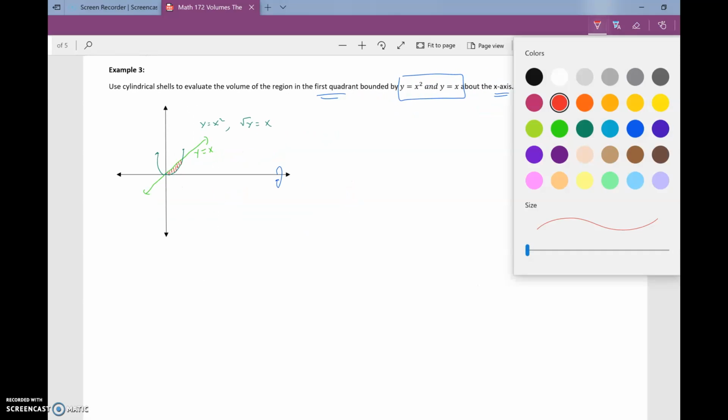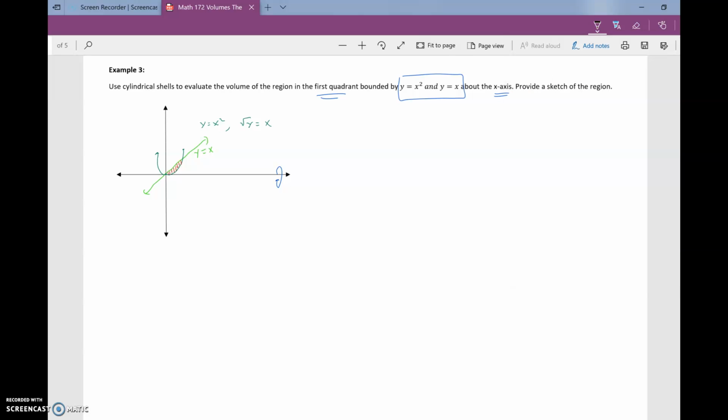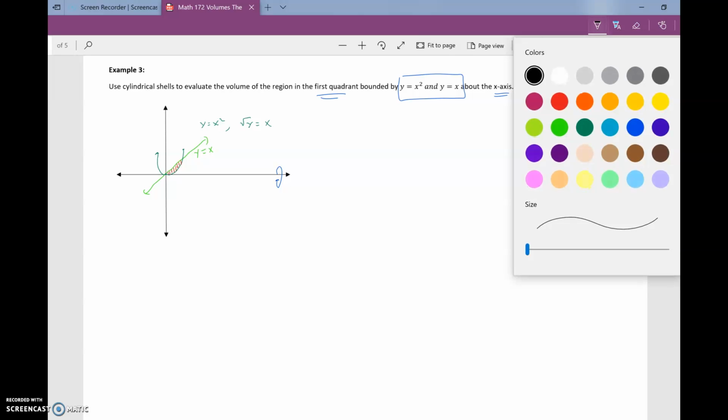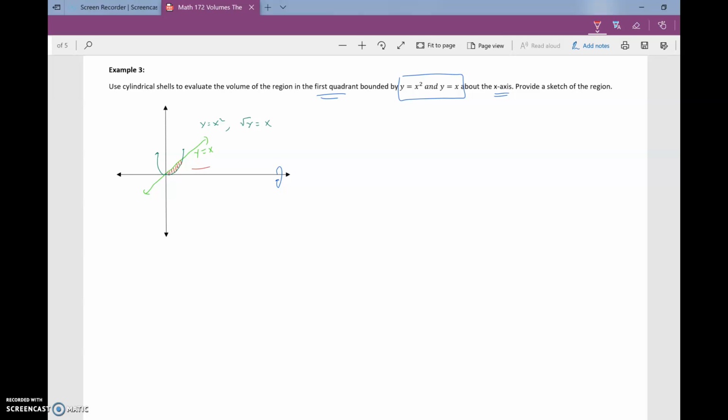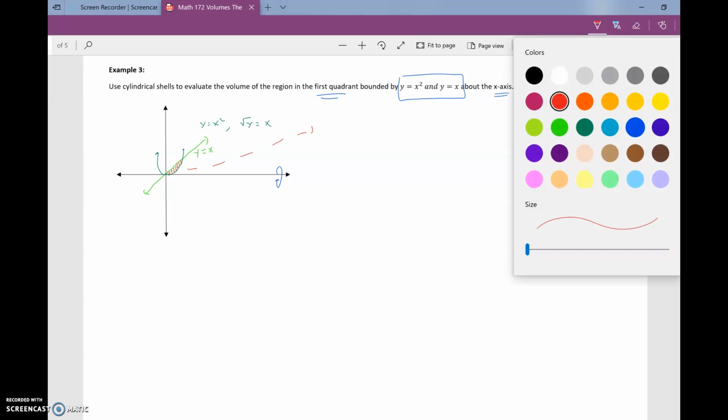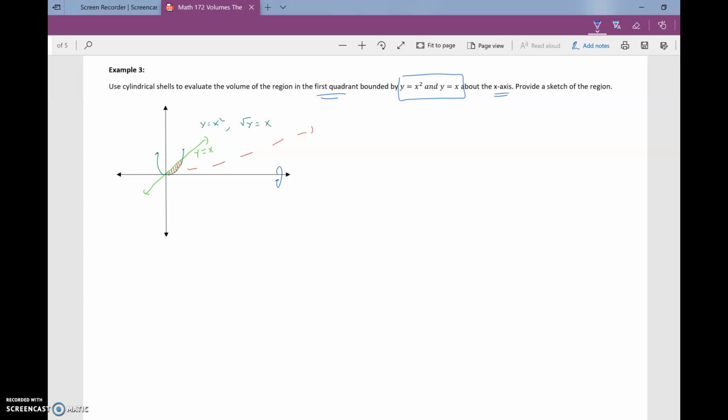Okay, so let me set up the volume. So the shape of this one, I think we've already done an almost identical shape. It's going to look something along the following lines.